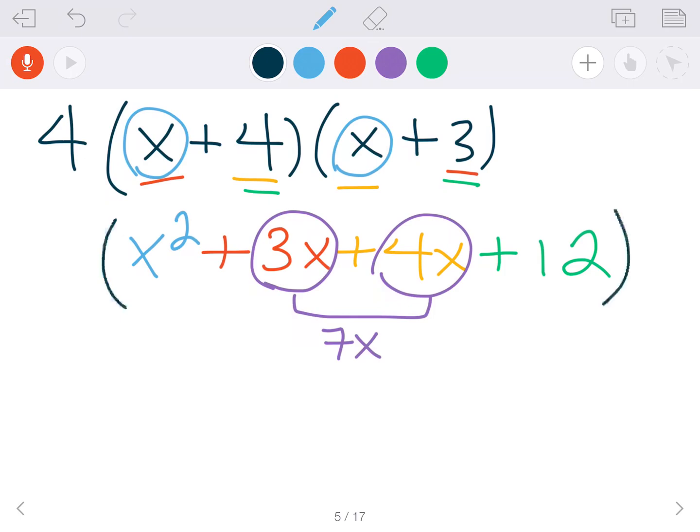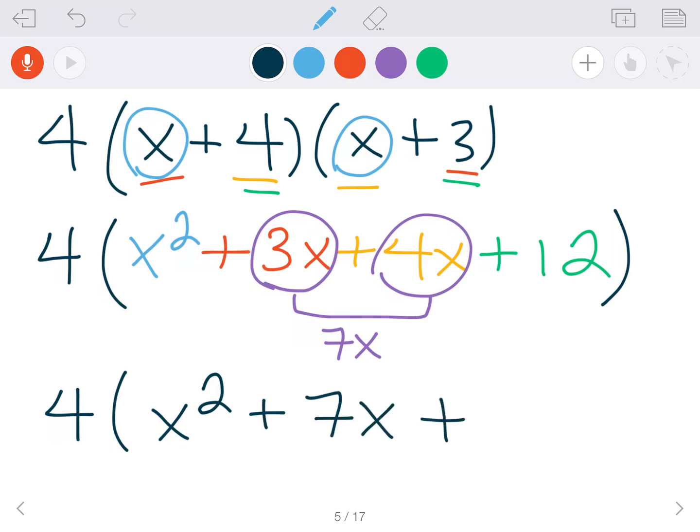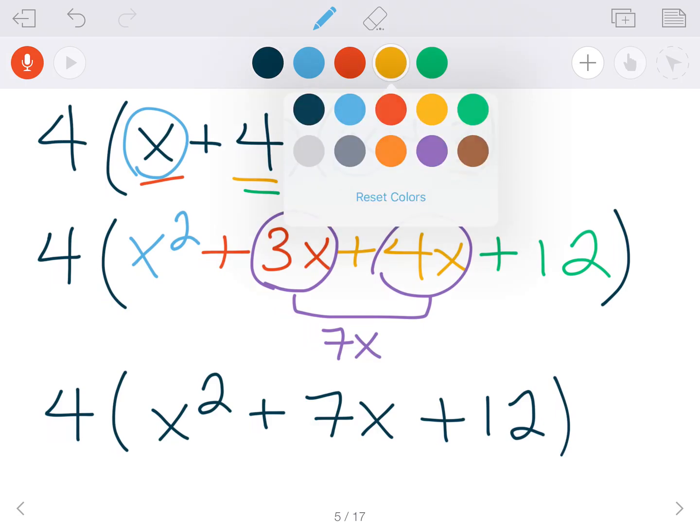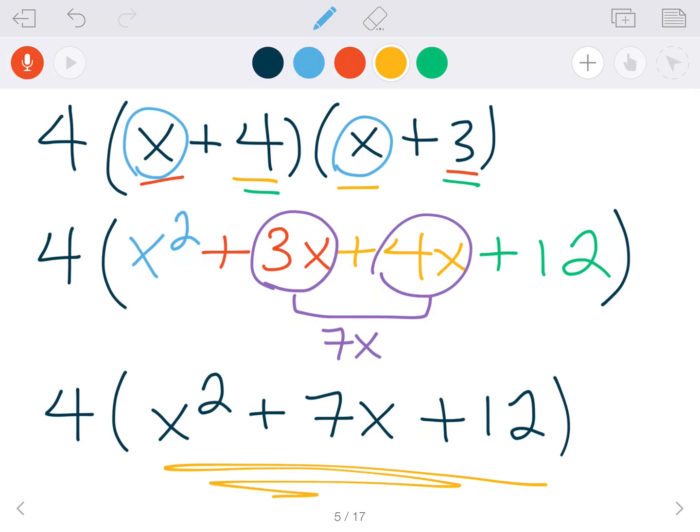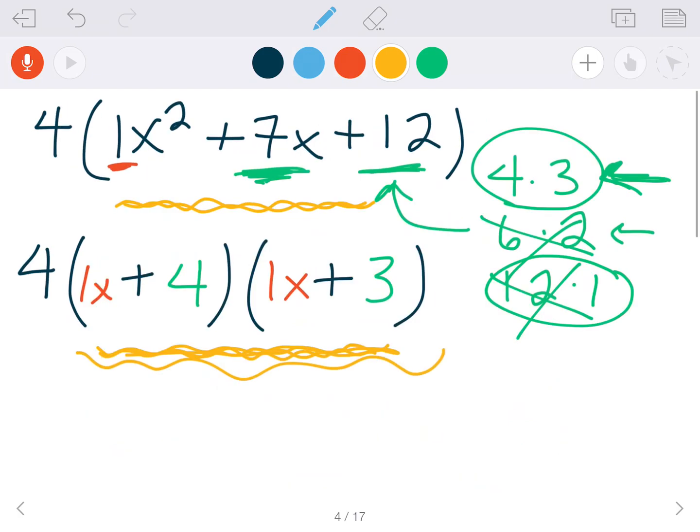So now I'm going to put my parentheses back here, and I'm going to bring down the 4 because it did not go anywhere. This is 4 times x squared plus 7x plus 12. So we are just testing to see, does this expression here match this expression here?